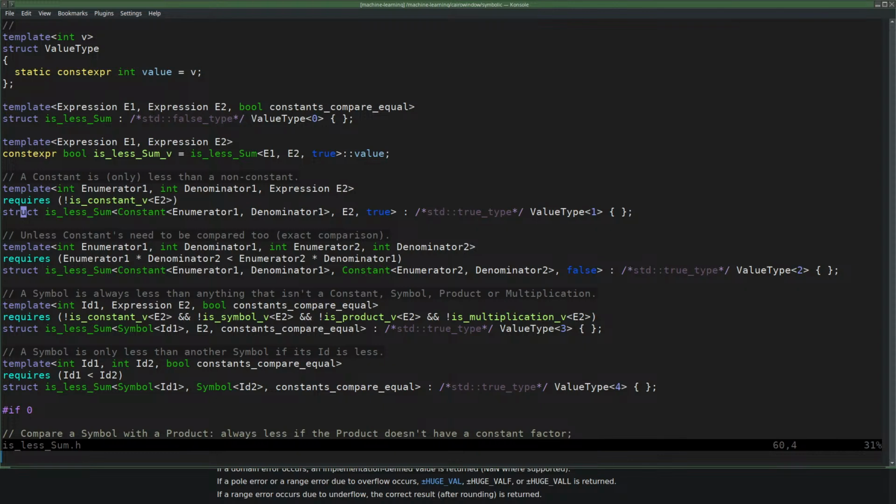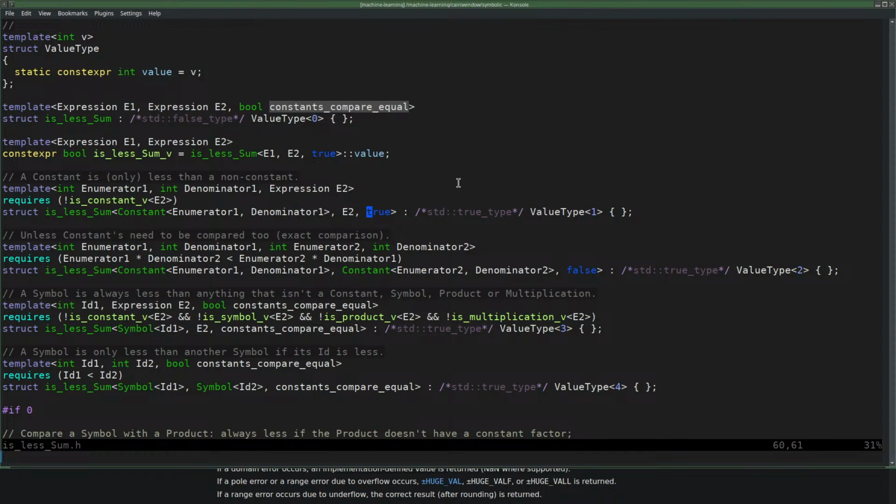Probably because I'm having true here. Why do I have true here? The true here means that constants compare equal.